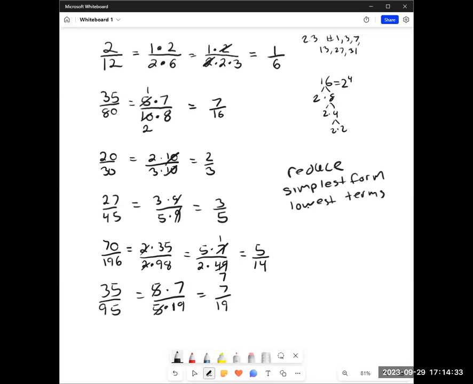Those are all things that tell you to cancel out common factors in the numerator and denominator and try and write it as a single fraction, hopefully a proper fraction, but you may end up with an improper fraction as well when you're done.